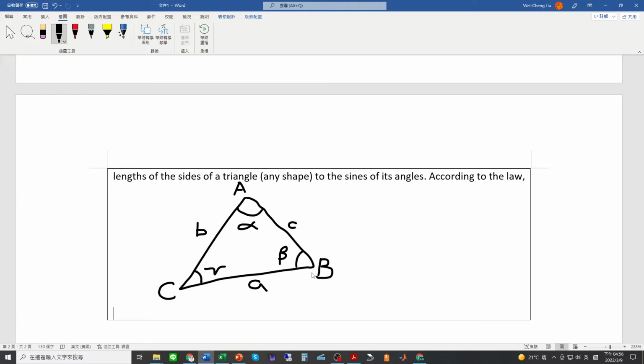The length of this side is called small a, the length of this side is called small b, and the length of this side is called c. This angle is called alpha, this angle is called beta, and this angle is called gamma.